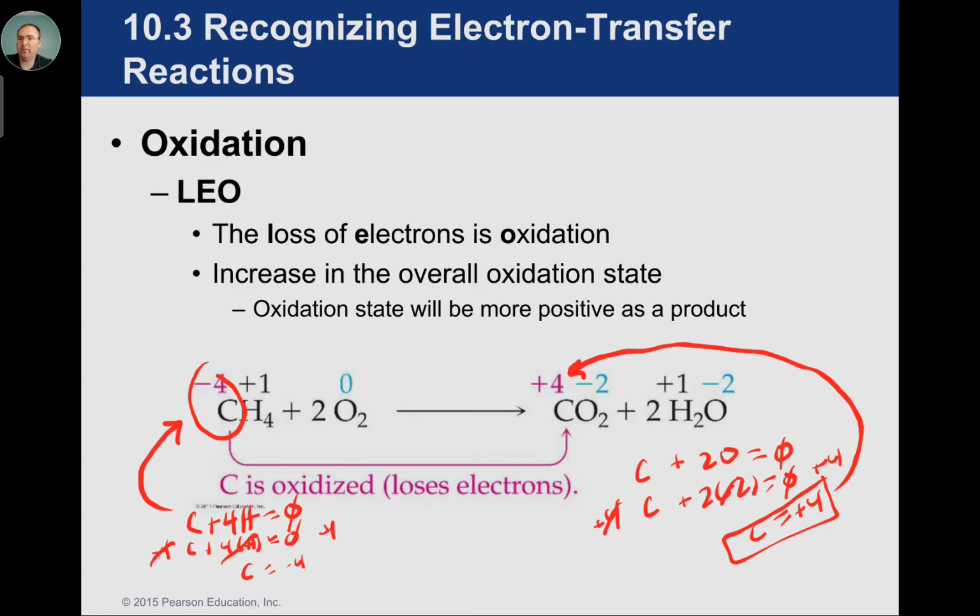So sometimes we have to do oxidation state calculations and LEO-GER processes at the same time. Once you realize that going from -4 to +4 is a loss, in this case, of 8 electrons, that's LEO.